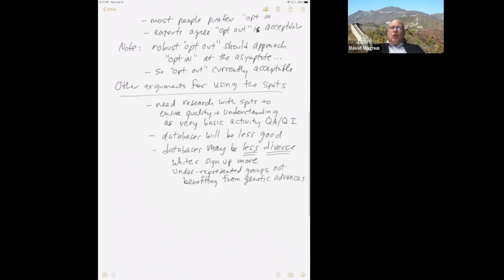The people who want to defend the unconsented blood spots are skeptical that a few lines in an informed consent form that people barely read and sign or refuse to sign is really a very powerful way of demonstrating respect for the research participants.